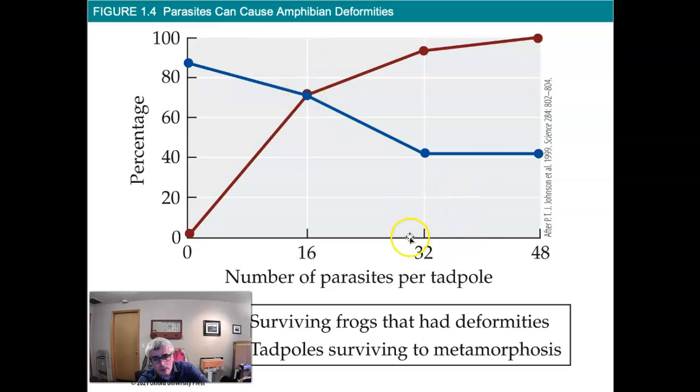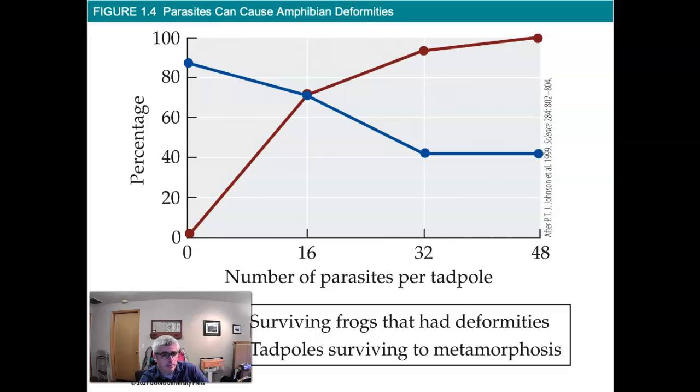We go to 32 parasites per tadpole. Now we're down to about 40% survivorship and 95% that have deformities. Moving up to 48. Mortality stays about the same at about 40%, but the number of frogs with deformities goes up to nearly 100%. And they pick these concentrations based on environmental conditions, meaning they're based on what's commonly observed in the field. And so they didn't pick these numbers at random.